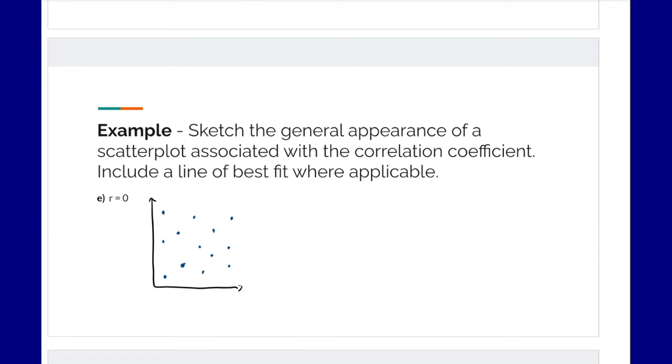There's no way I can really draw a line of best fit because I don't know if it's increasing or decreasing based off of the values that I have here. And again, if we draw an enclosure around, we can see that we get a very box-like enclosure. So that's a good kind of tip or trick to figure out what your R value might be, or if what you drew makes sense.